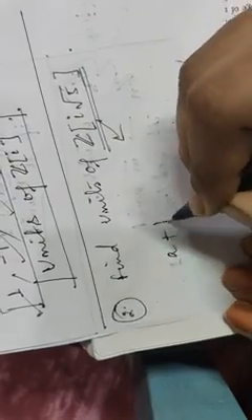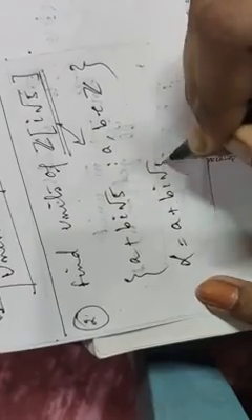The elements of Z[i root 5] are like a plus b i root 5 such that a, b belongs to Z. This is our Z[i root 5]. We have to find out the units. So let's take alpha equals some a plus b i root 5 is a unit. Then N of alpha should be equal to unity, that is 1.